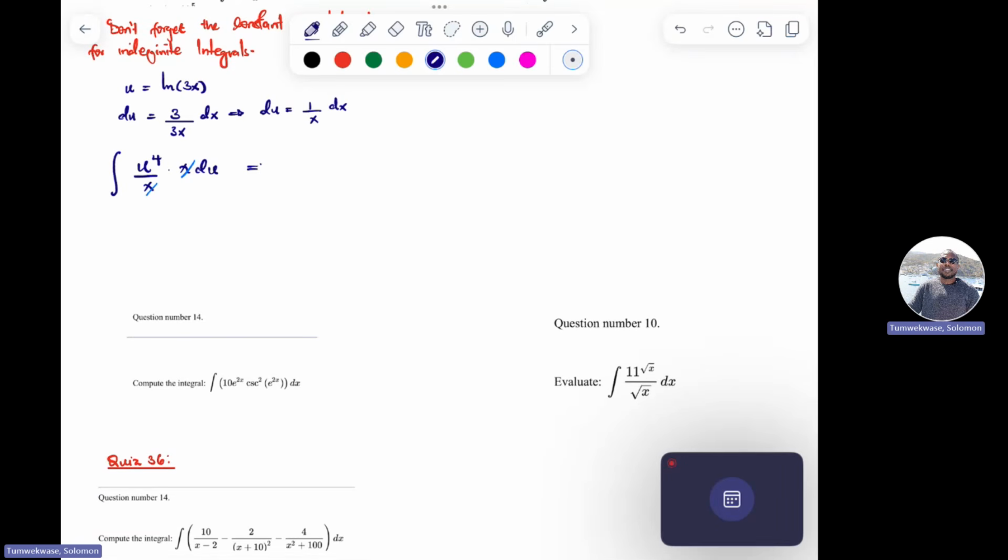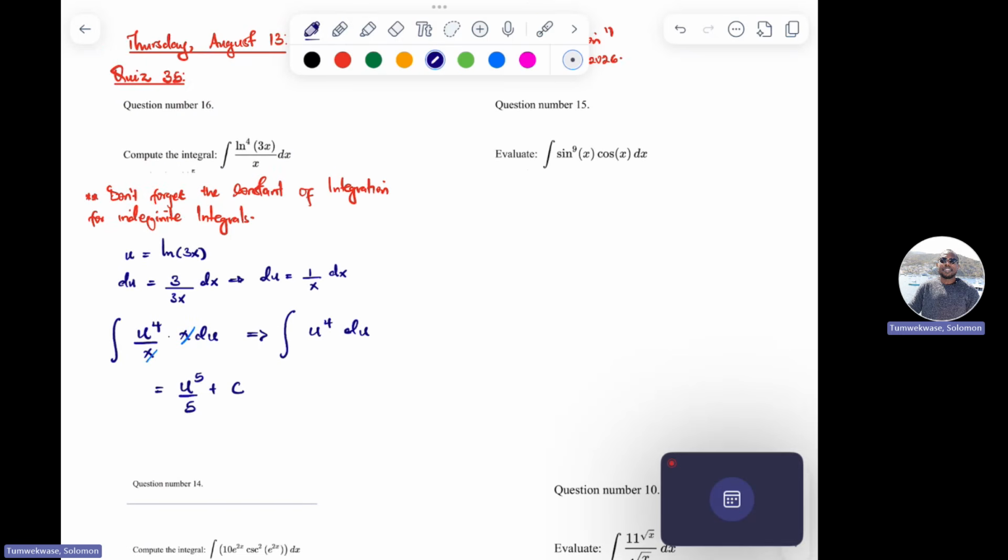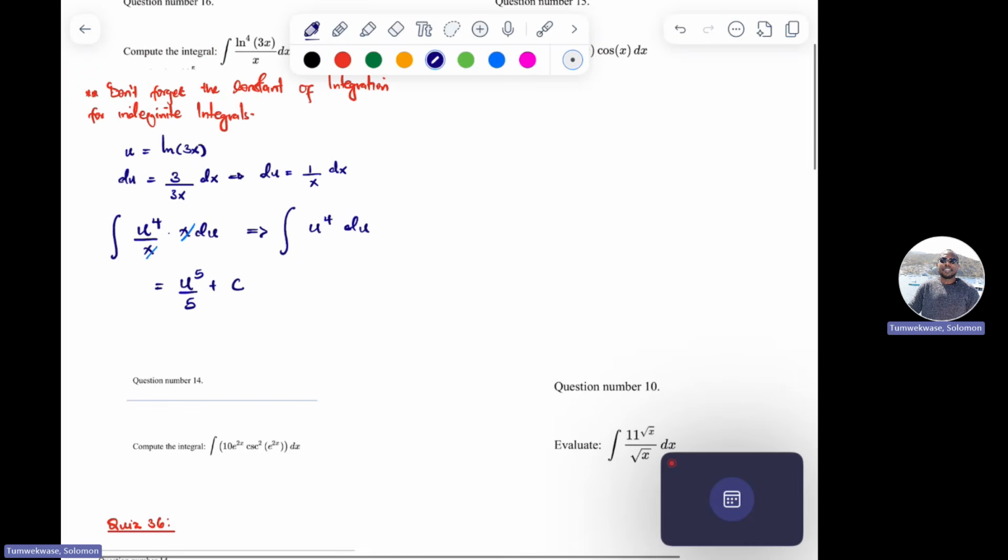So finally, I have the integral of u to the power 4 du, and when I integrate u to the power 4, I get u to the power 5 over 5. But remember, I don't have limits of integration, so I don't forget the constant of integration. I used the u substitution, but I have to make sure my final answer is back in the original variable, which is x.